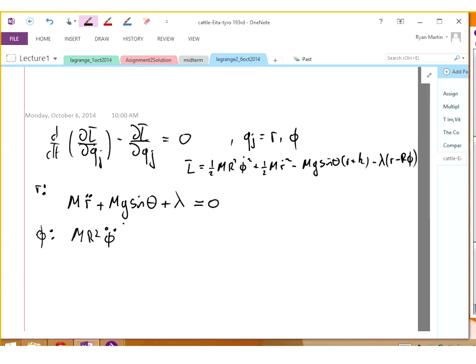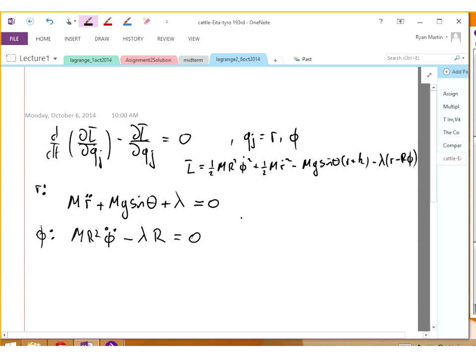And then the only other term that depends on phi is the minus lambda times minus R phi. So that's plus lambda R phi in the modified Lagrangian. The derivative with respect to phi is lambda R. And then I switch the sign because there's a minus ∂L/∂qj. And so that gives me minus lambda R, equal to 0.